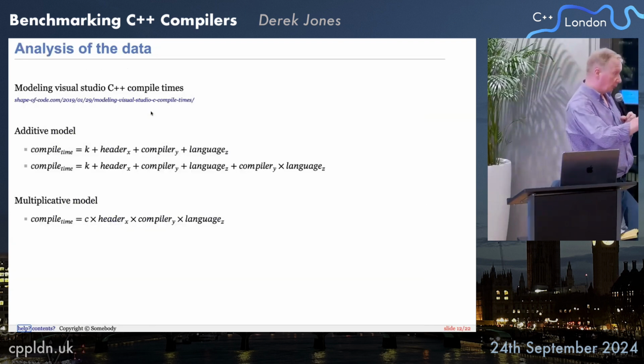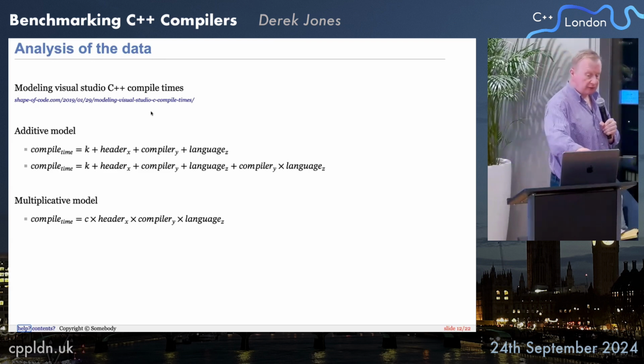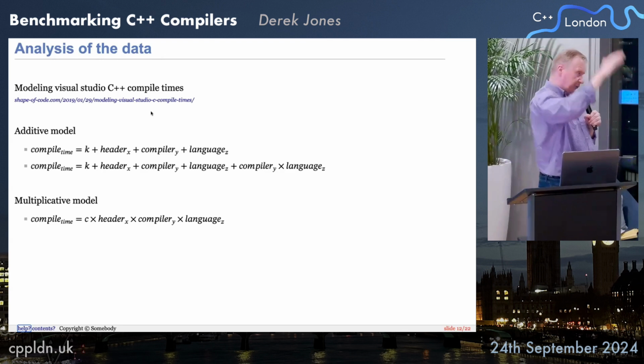So a negative number would be quicker, and a positive number would mean more time. You adding a header, it cannot make things faster. But there's a K. There's a baseline, and it essentially sits in the middle, and a header might subtract away from the baseline, or a header might add to the baseline. Okay, thank you.